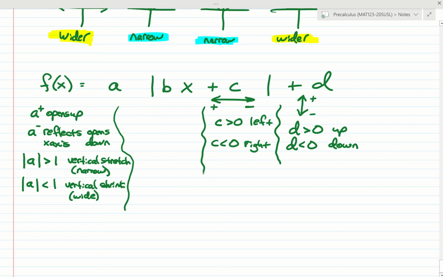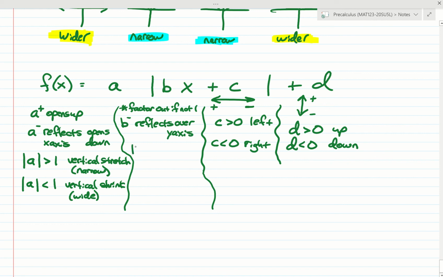Now let's move on to B. B is a little tricky. First thing we have to do with B is we have to factor it out if not 1. And we'll see examples like that in a minute. If B is negative, what that does is that reflects over the y-axis. And we talked about a reflection.